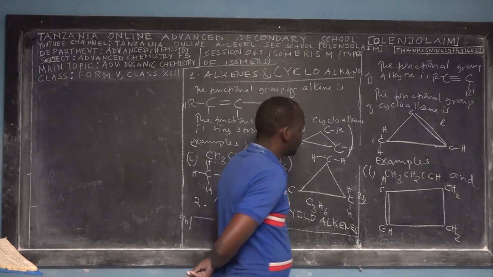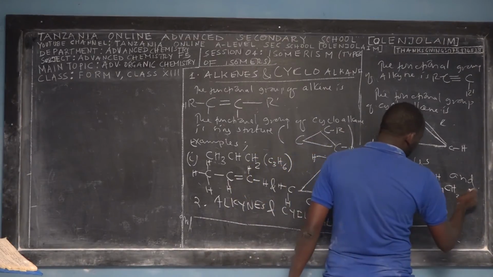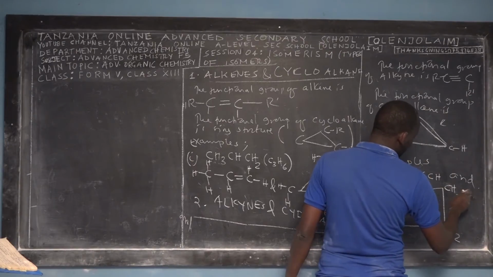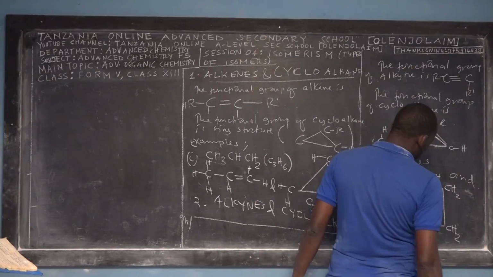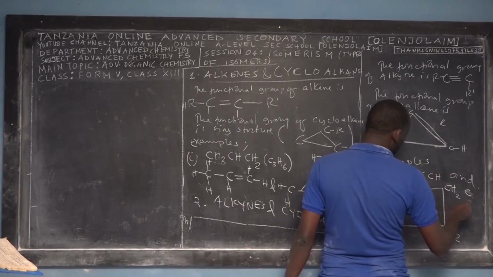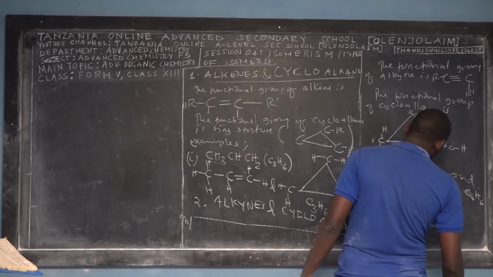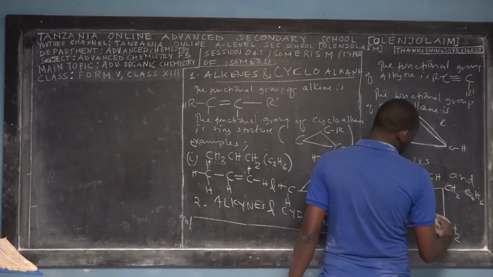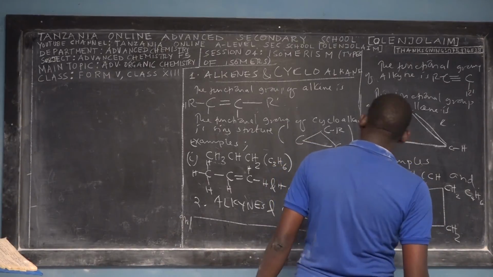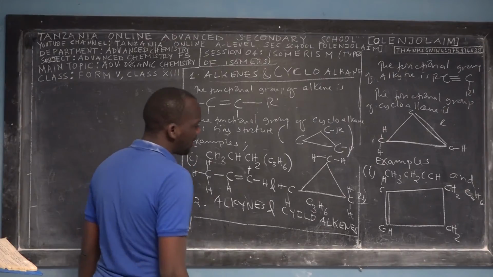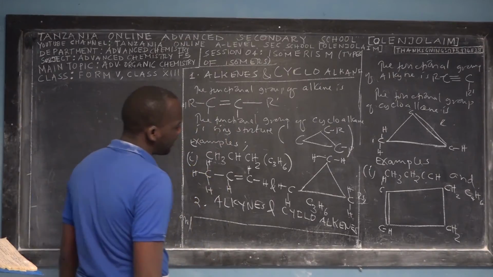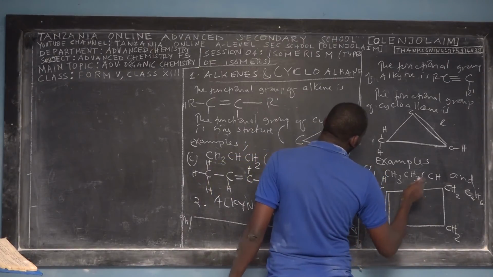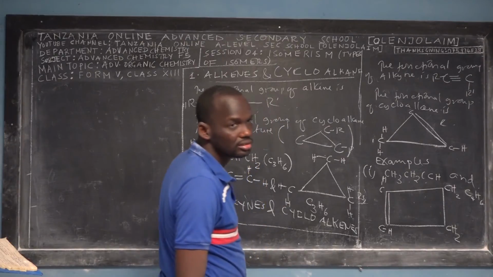If you write the molecular formula of this one, it is 4 carbons and 6 hydrogens. This one is cyclobutene, and this is an alkyne.